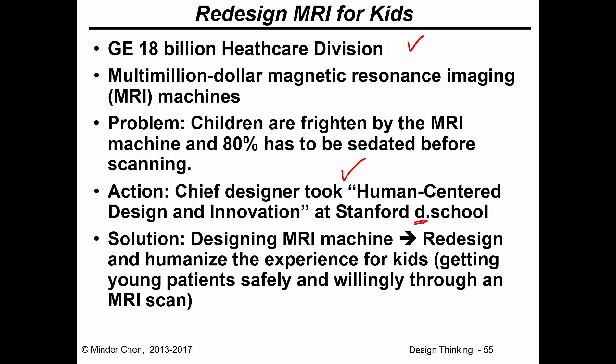The d.school here means their design school. And the solution is not really designing or redesigning the MRI machine. It's redesigning and humanizing the experience for kids, so that they're able to get young patients to go through an MRI scan safely and willingly.